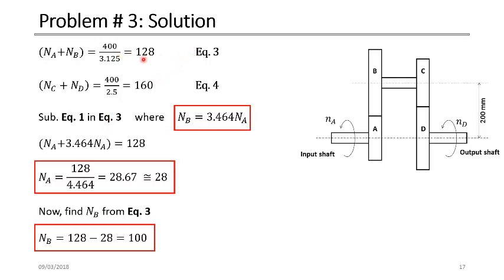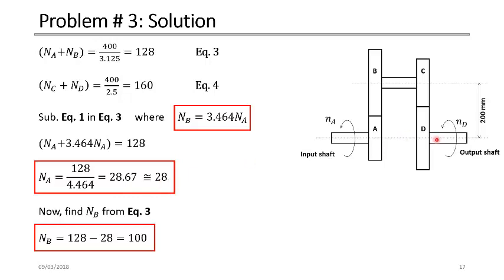So we say that NA plus NB, and NB in this case is 3.464 NA, is equal to 128. Based on this equation, we can get NA. NA here is 128 divided by this number. Again, we cannot use the number of teeth as a fraction, so we need to round this up or down. So it's 28. We can use this as 28.